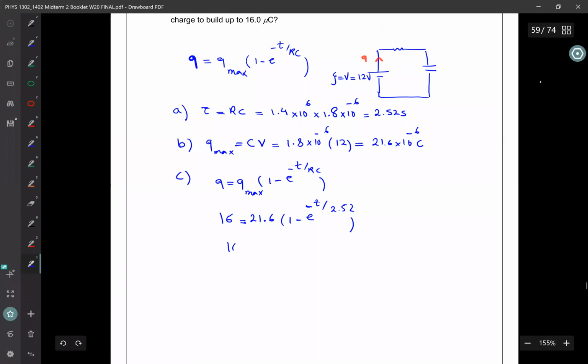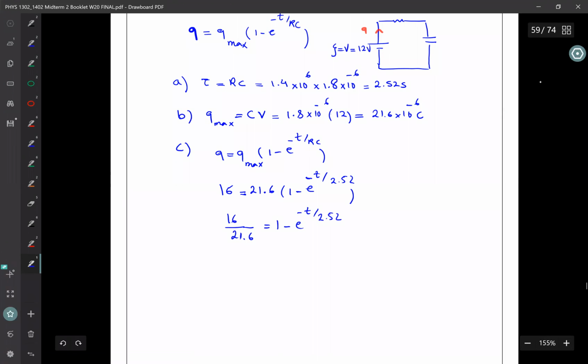So you could divide both sides by 21.6, and then you will get 1 minus e to the minus t divided by 2.52 equals 16 divided by 21.6. You could switch e to the minus t divided by 2.52 with that fraction, so e to the minus t divided by 2.52 equals 1 minus 16 divided by 21.6.